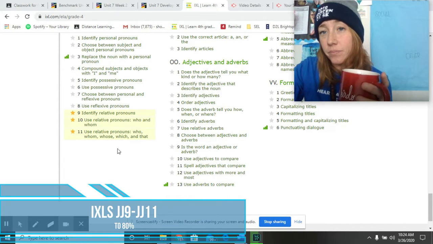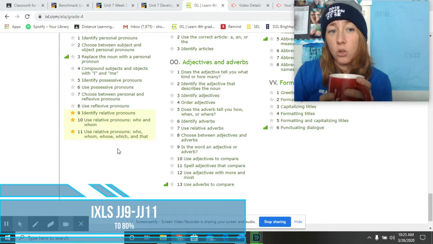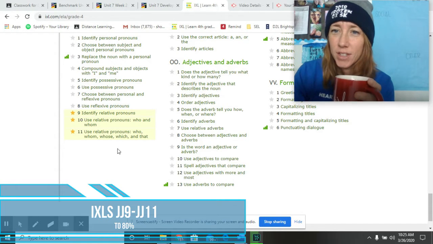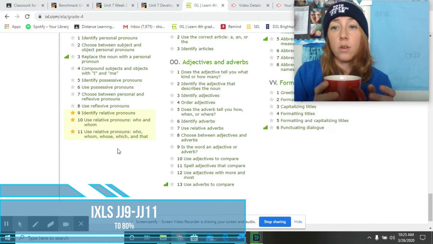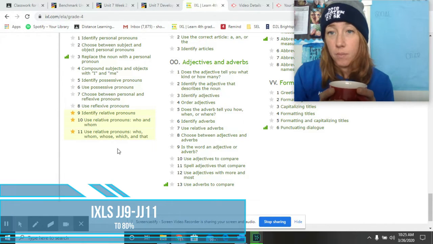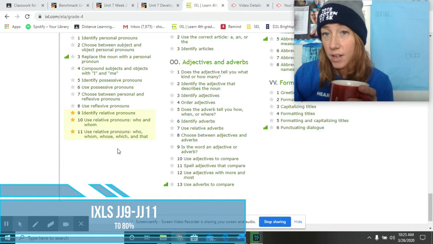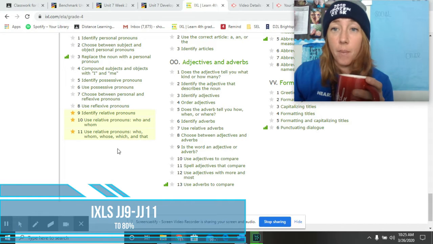Which is used if you don't really need that information. You'd say like, Miss Hogan is the teacher which... no, that doesn't make any sense. Forget that one, that is something you need. So you could say, Miss Hogan is a teacher that teaches 4th grade. That would make sense.